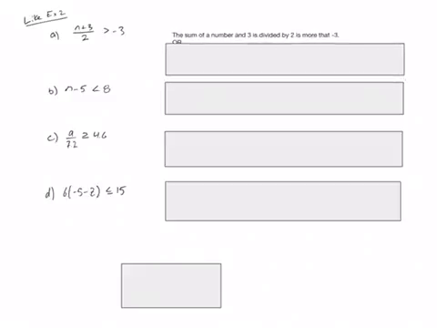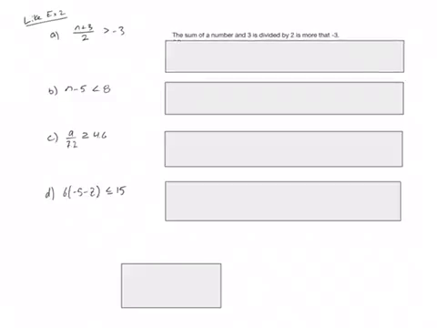So let's just start looking at this one. The sum of a number and 3, because those numbers are on top, divided by 2 is more than negative 3.